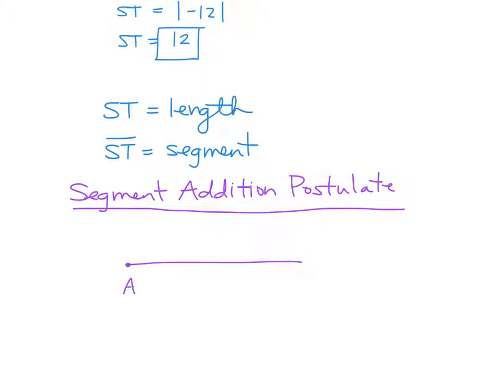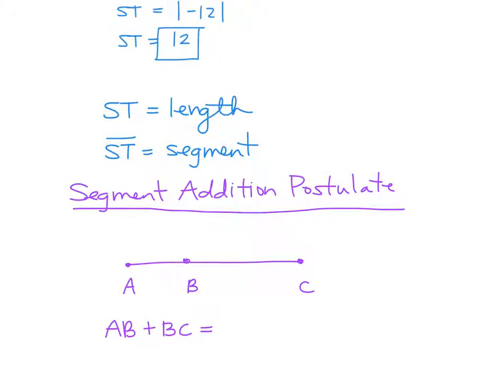Let's say I have point A, point B, and point C here. The segment addition postulate says the length of AB plus the length of BC equals what? AC, right?